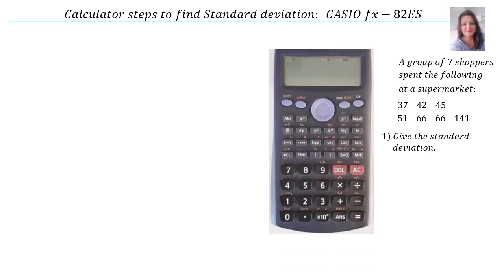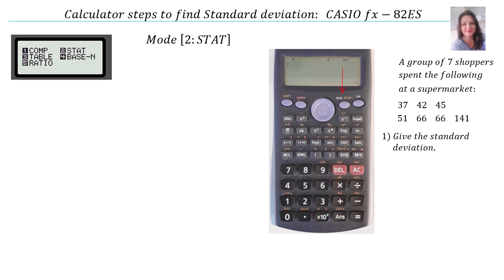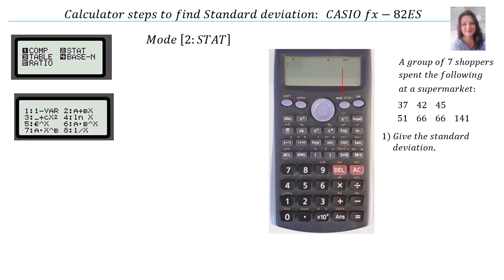Now first of all, we will put our calculator in statistics mode. There is this little button next to on that says mode, and then this is the screen that you will see, and you will choose number 2, stats. Then on this screen you will choose number 1, var.